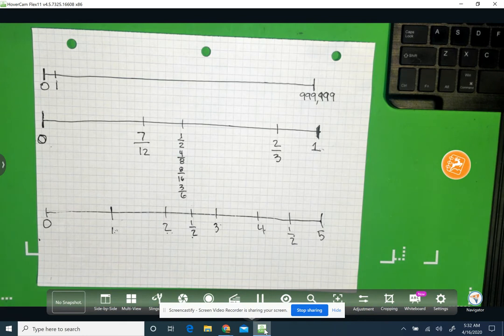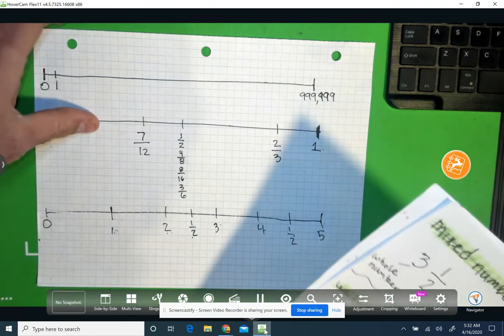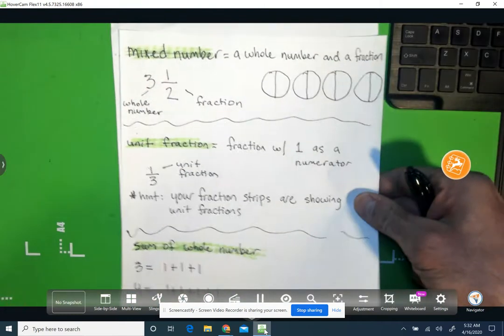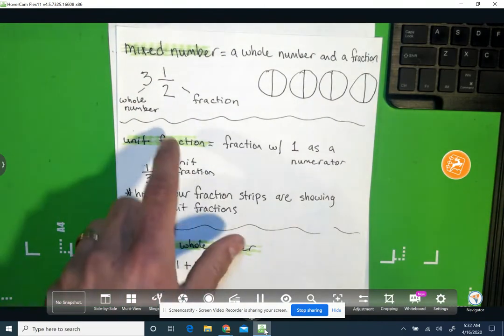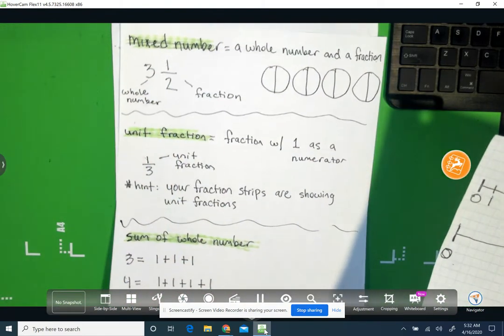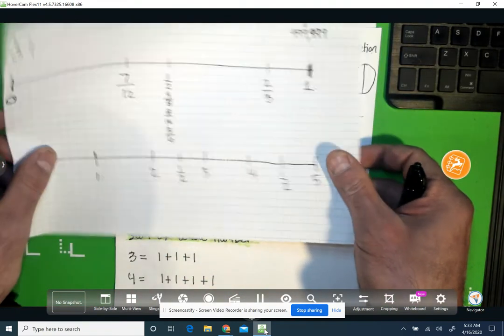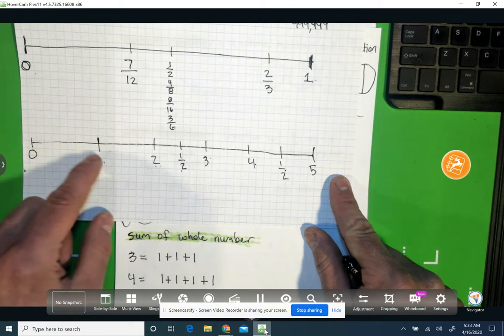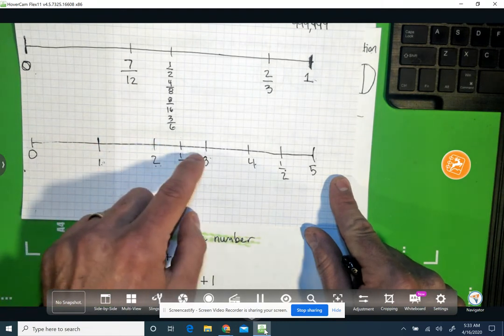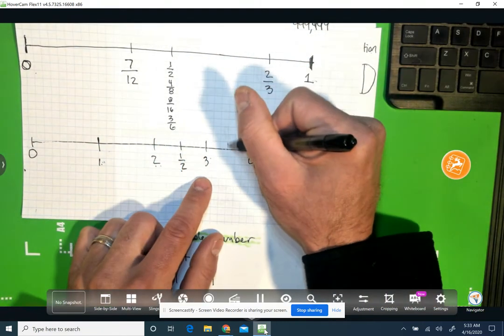So that might take the shape of looking at a mixed number that looks like 3.5, right? So we can look at 3.5 on a number line. 3.5 is going to be, well, there's 0, 1, 1 to 2, 2 to 3, 3.5.